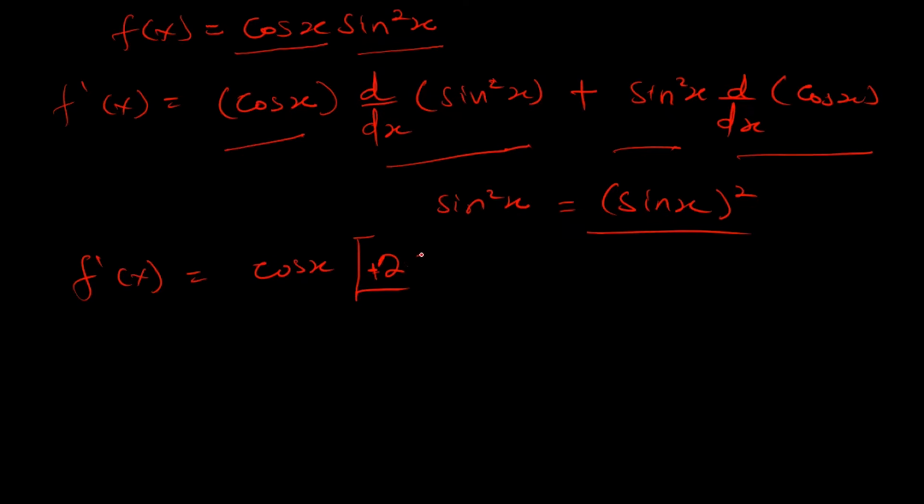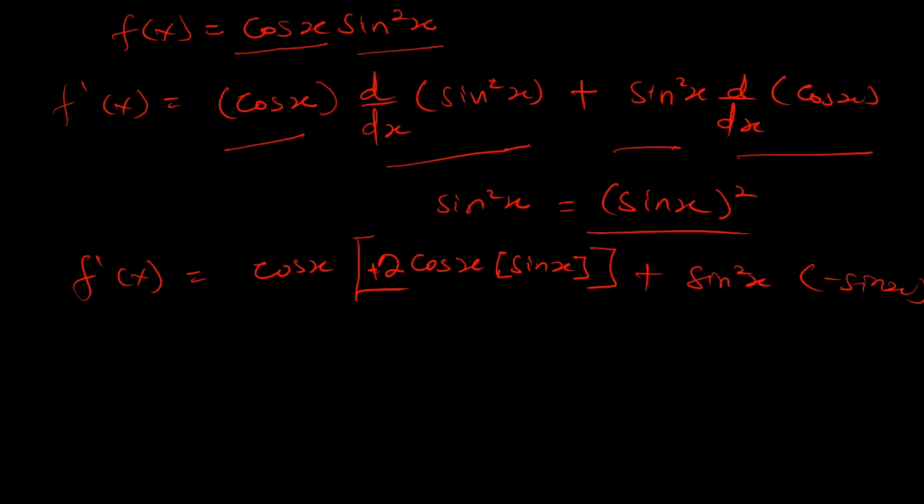When we differentiate sine, we get cos. So cos x into bracket sine x like this, plus we hold sine squared x, then differentiate cos x, we get negative sine x.